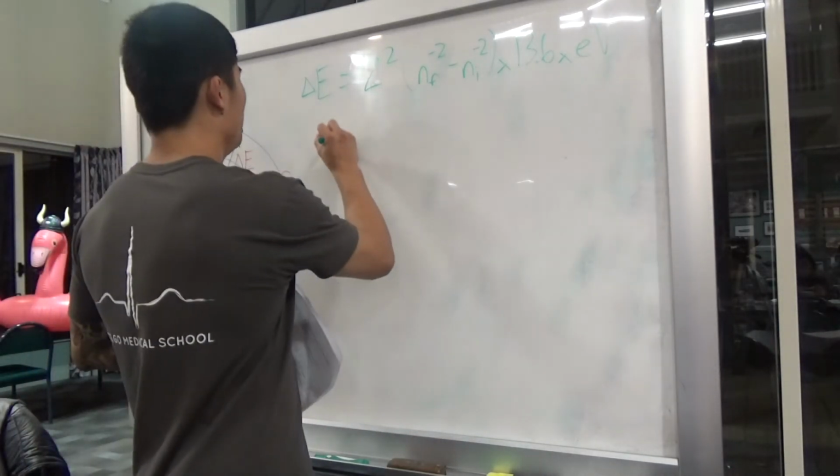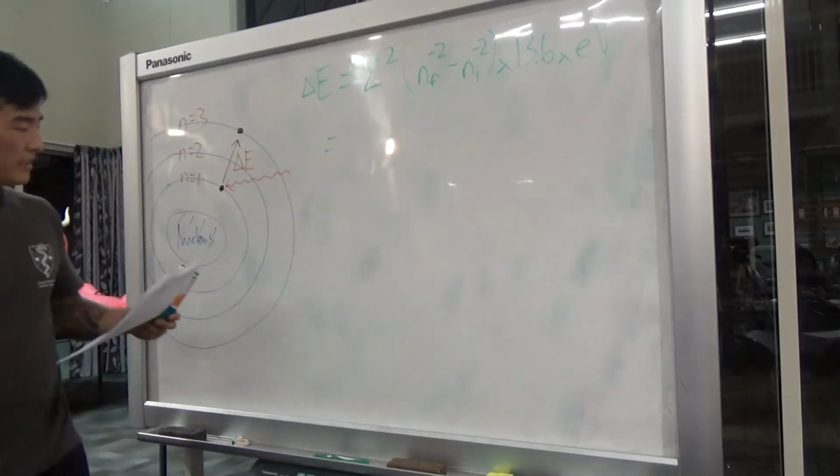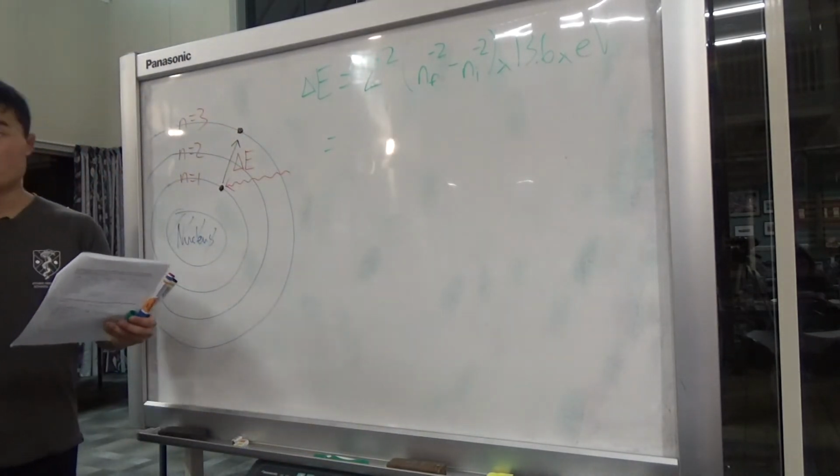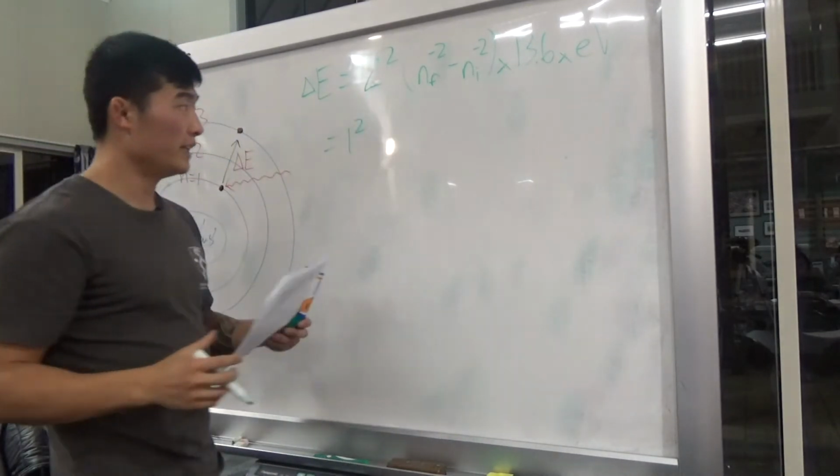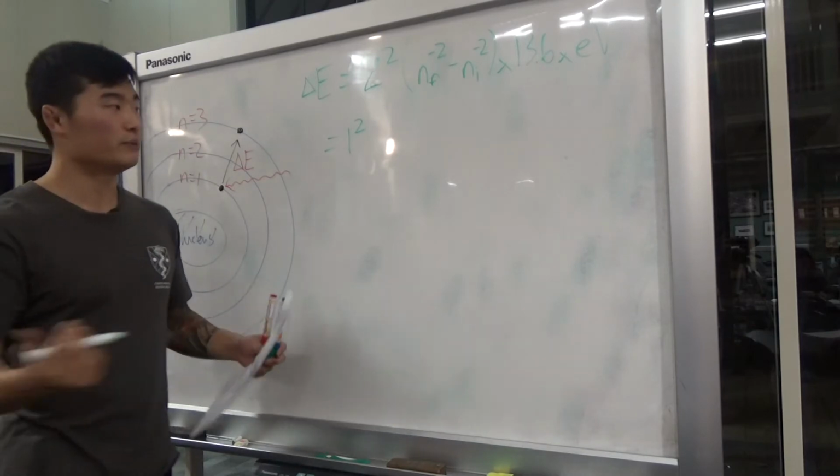So we have a hydrogen atom, which is just going to have one proton. So Z is equal to 1, and 1 squared is just 1, so you don't have to put that in there.